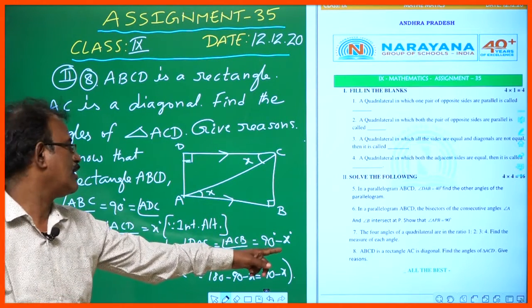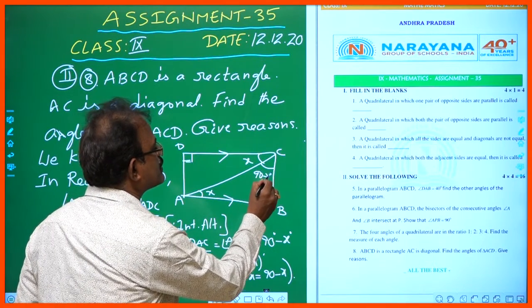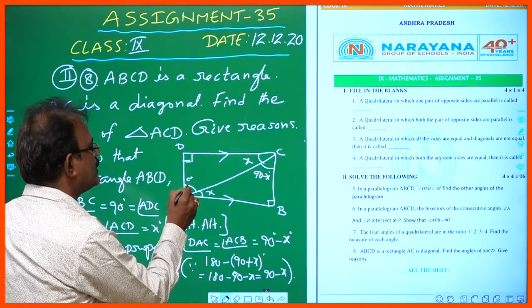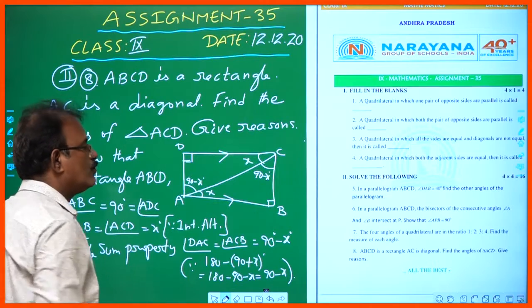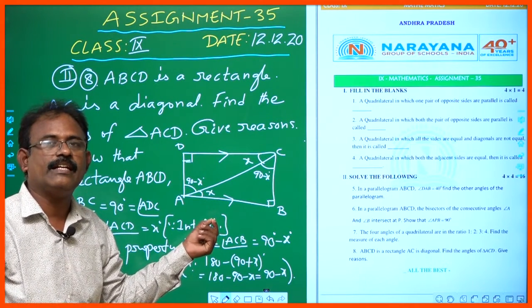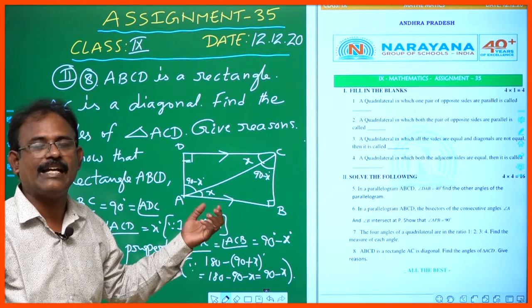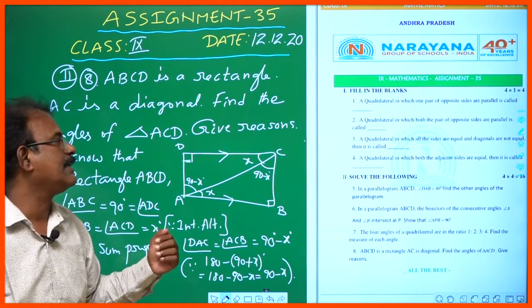Okay children, now this is 90 minus X and this is 90 minus X. So instead of X, it needs a real number so that we can find the angles of triangle ACD.